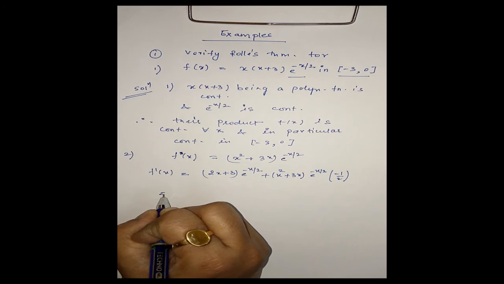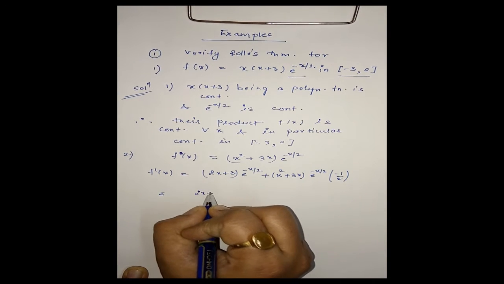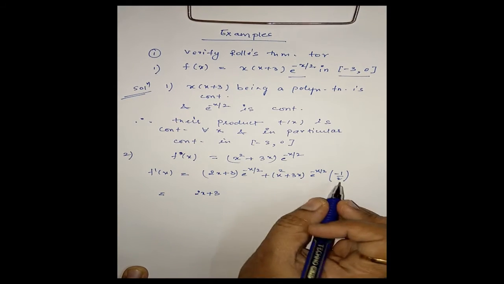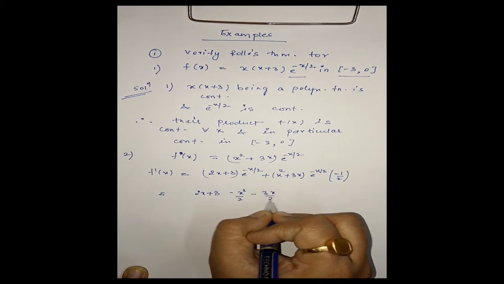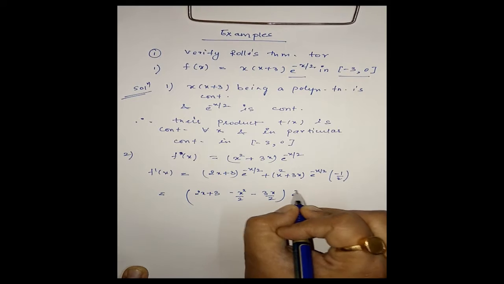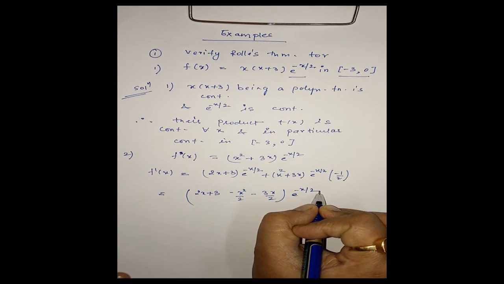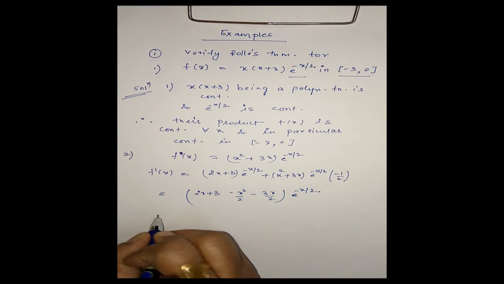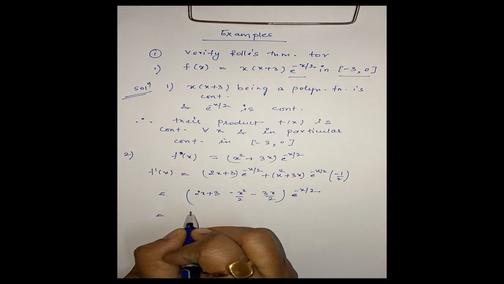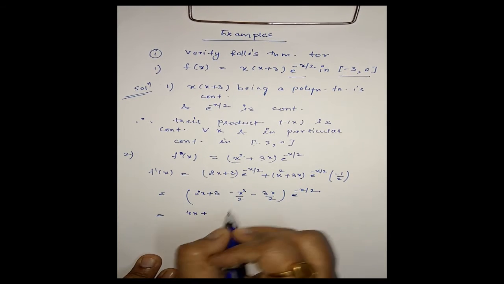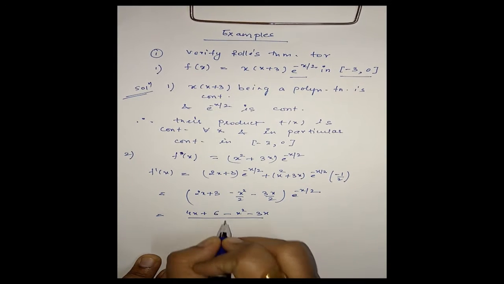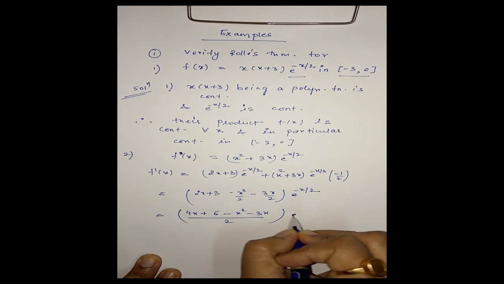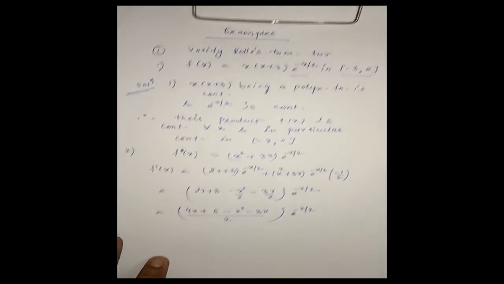That is equal to (2x plus 3 minus x square by 2 minus 3x by 2) e to the power minus x by 2. Now this can be further written as (4x plus 6 minus x square minus 3x) by 2 into e to the power minus x by 2.